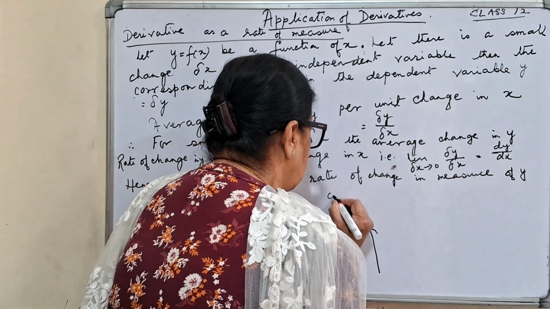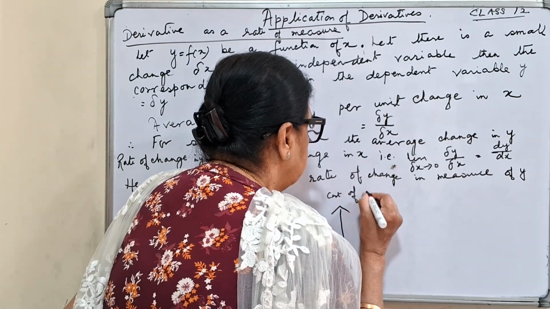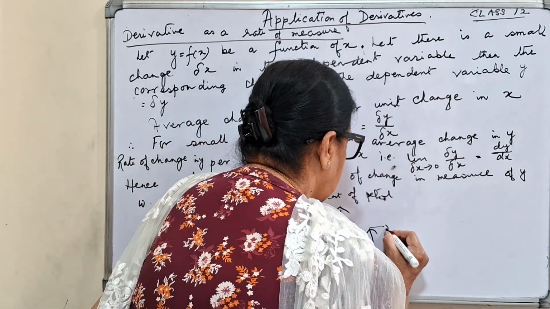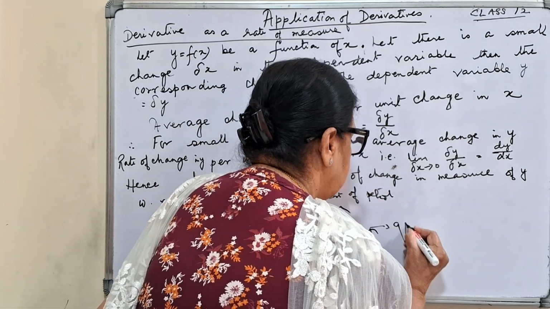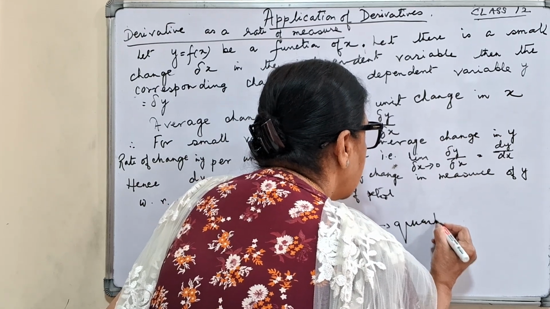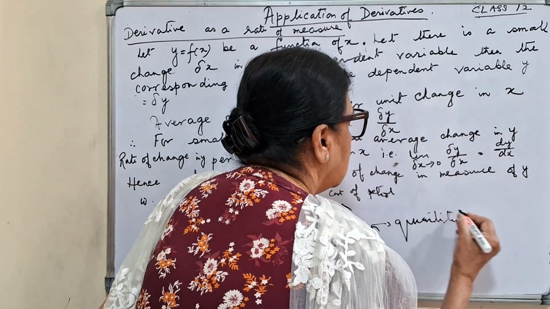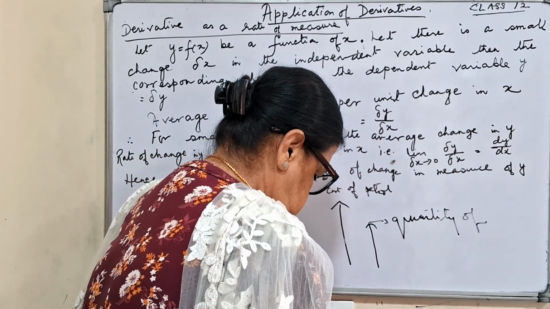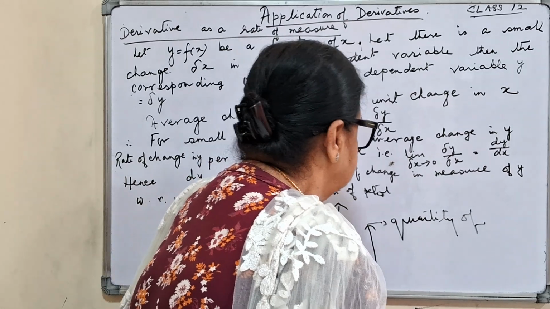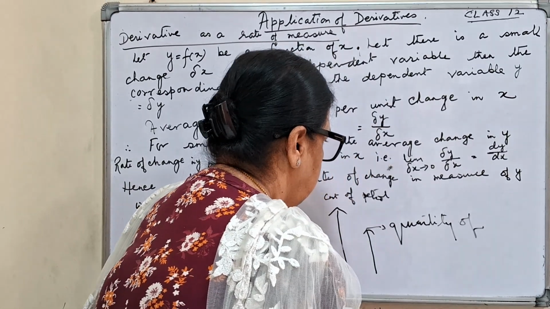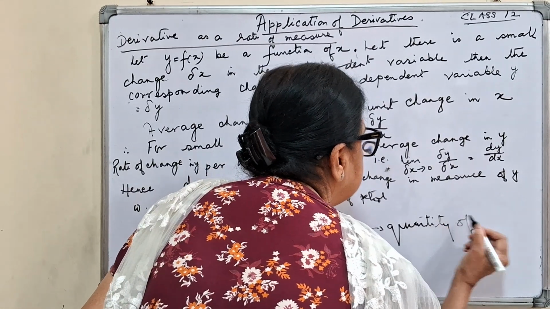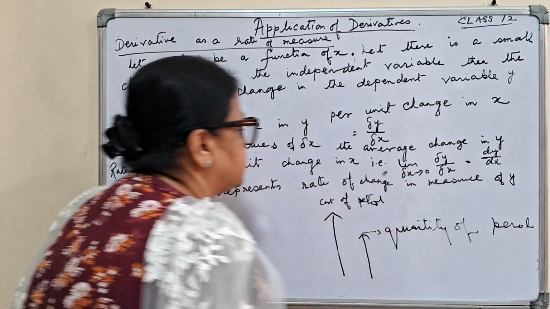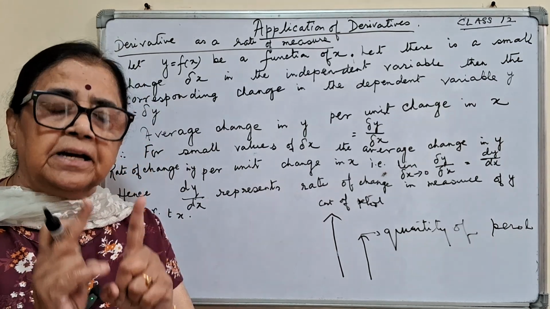This is the cost of petrol, and this is the quantity of petrol. Similarly, there are many things where one is increasing and another is decreasing.